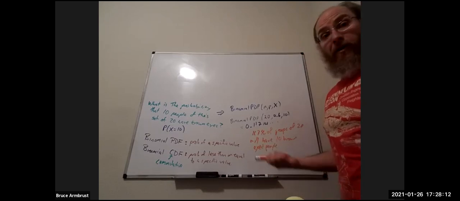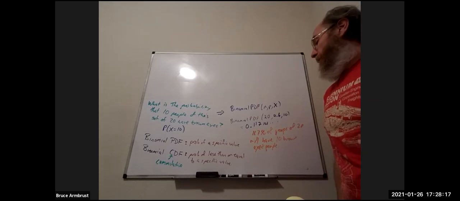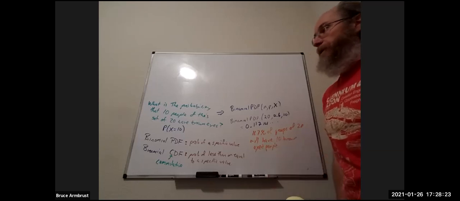Right, so around 11.7% of the time, a group of 20 people will have 10 brown-eyed folks. All right, so that's the interpretation there.